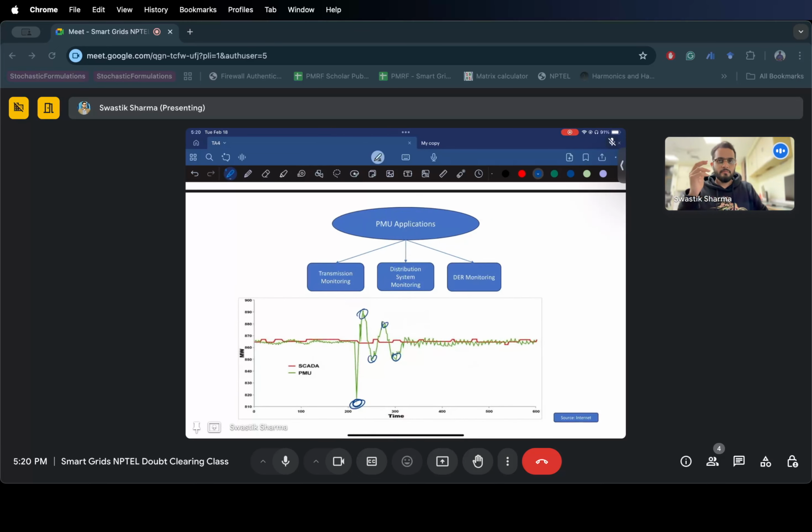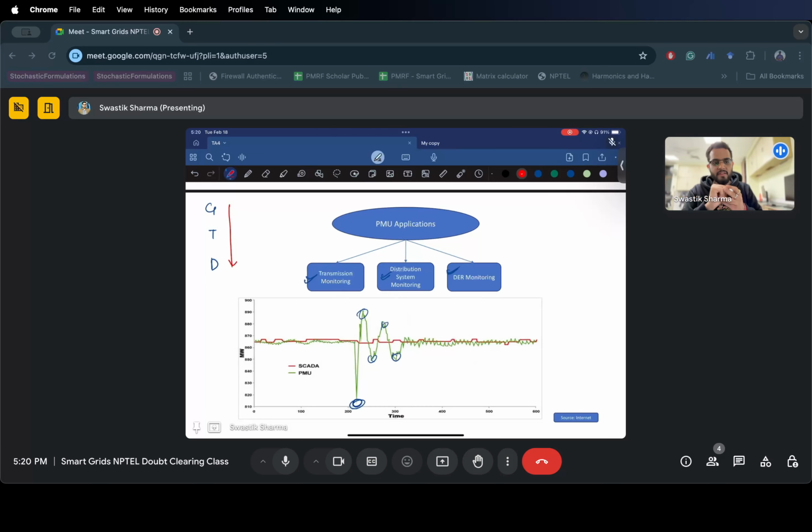So some of the applications of PMUs are transmission system monitoring, distribution system monitoring, and DER monitoring. At the distribution side, as I told you, we have shifted from the earlier stage where power would only flow from top to bottom, that is, from generation to distribution.